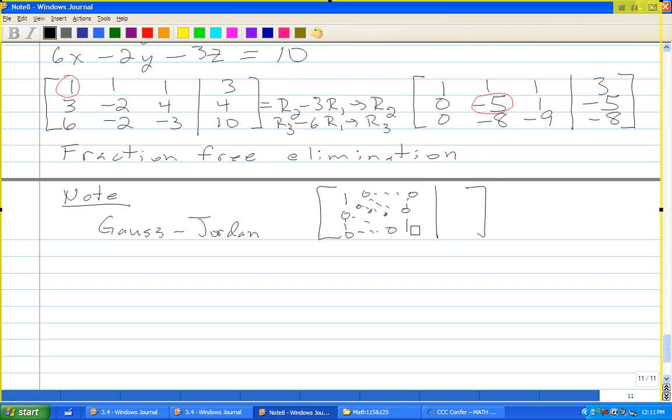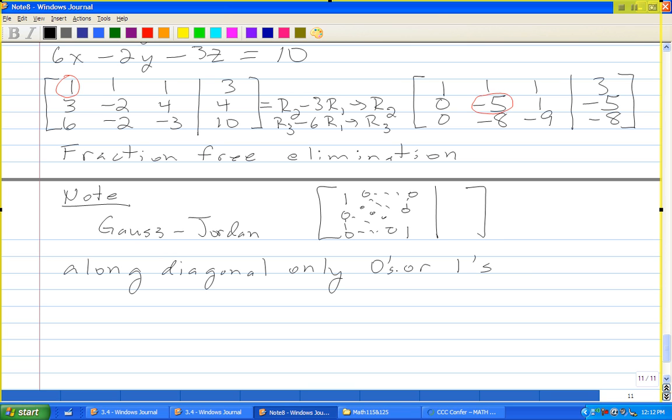And so along the diagonal, only zeros or ones.